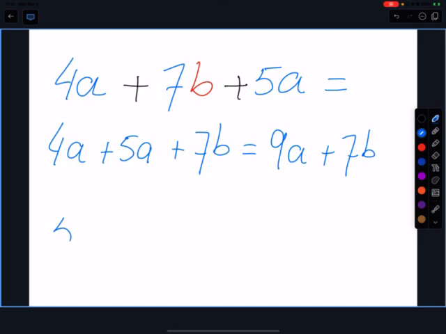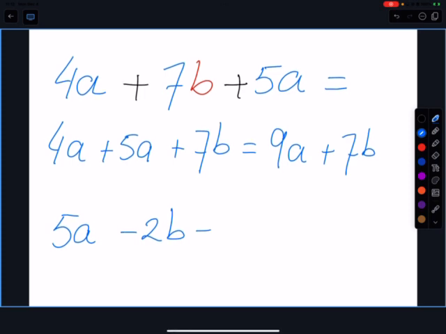Subtraction, the same thing. If it was 5a, subtract 2b, subtract 10c, it stays like that. It cannot be added together. So the answer remains the same: 5a minus 2b minus 10c. It stays the same.